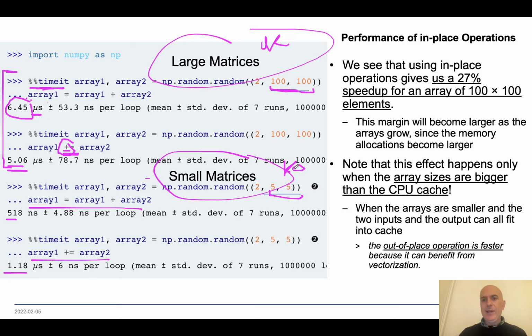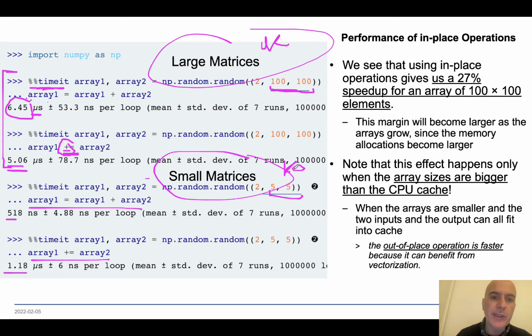So to summarize these slides, we see that using in-place operation gives us a 27% speedup for an array of 100 by 100 elements. And we can actually measure and see that this margin will become larger as the arrays grow. So as the matrices grow, the advantage of using in-place operation will increase, since the memory allocation will become larger.